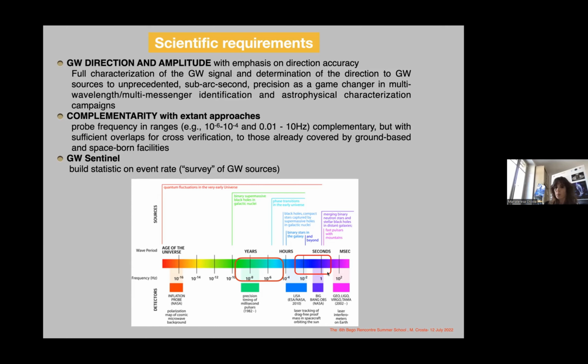So it's quite complementary to other efforts in detecting gravitational waves, and of course this kind of detection can be used as a gravitational wave sentinel, with which we can build statistics on event rate by surveying all the GB sources.